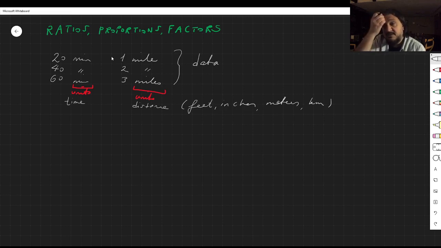That's a quick observation. Another observation is that I see a regularity here. Going from 20 to 40 to 60, the miles go like 1, 2, 3. If I triple the time I spend walking, I need to multiply the distance traveled by a factor of 3. A factor is basically the number you multiply your numbers with, a very rough definition.